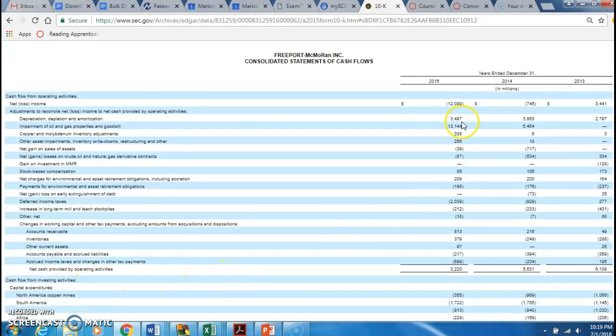So you will see that in 2015 and 2014, we actually began with a negative amount, the net loss, and the adjustments, when you add up the total adjustments, were positive amounts, so it actually took a negative and turned it into a positive, a cash provided by operating activities. So all 3 years here, 2015, 2014, and 2013, are actual cash provided. Those are cash increases.